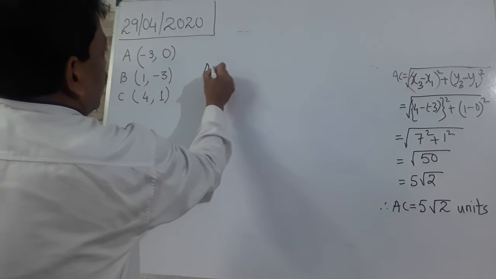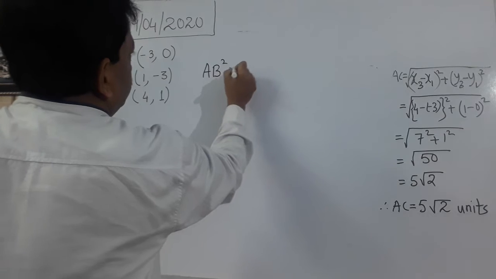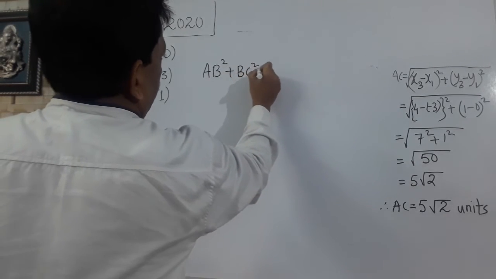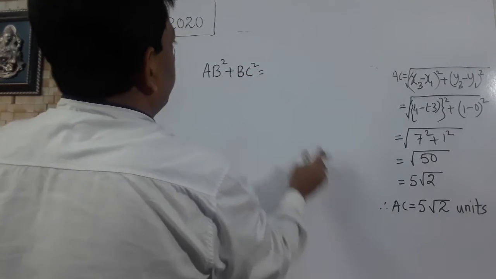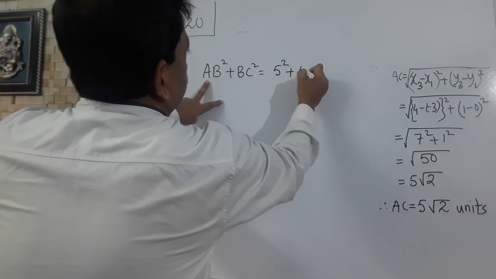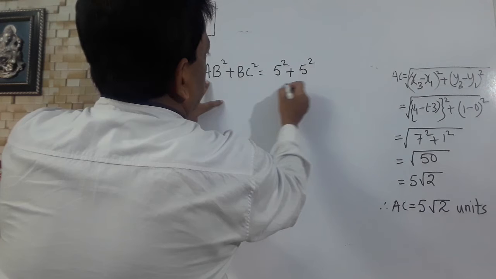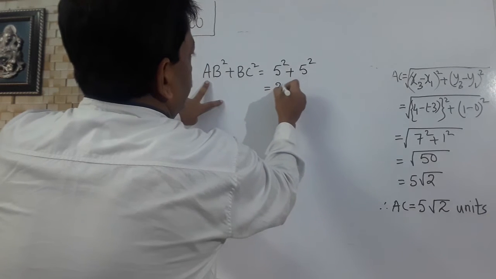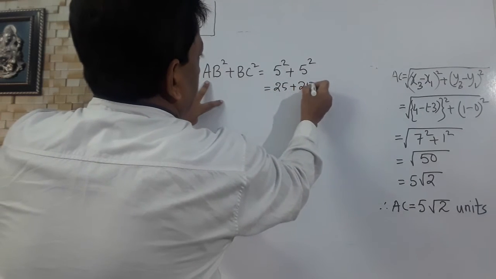So AB square plus BC square equals 5 square plus 5 square, since AB and BC are both 5 units. That gives us 25 plus 25, that is 50.